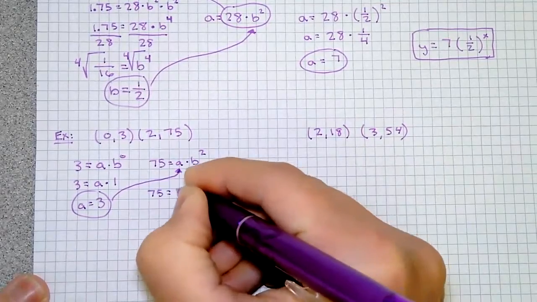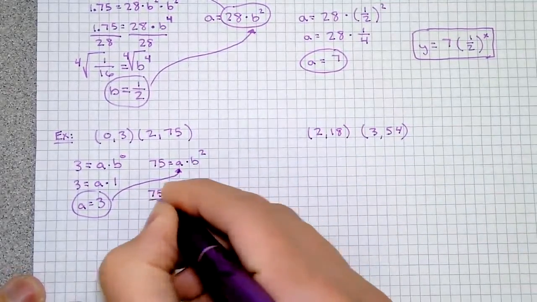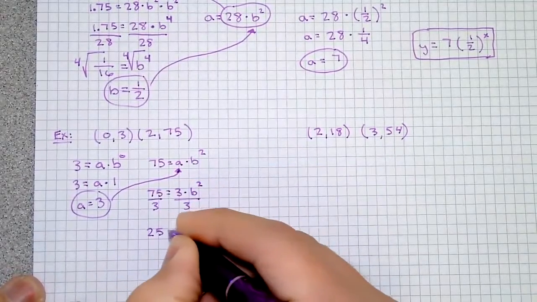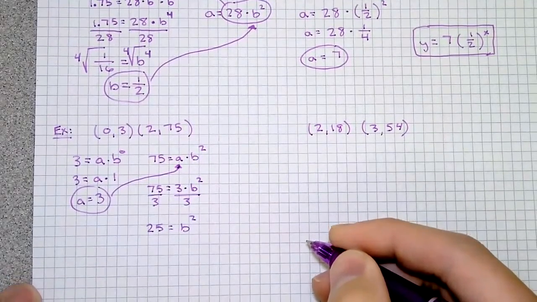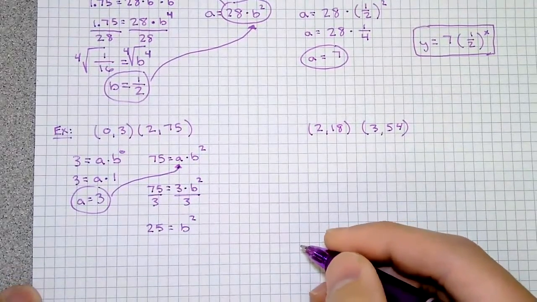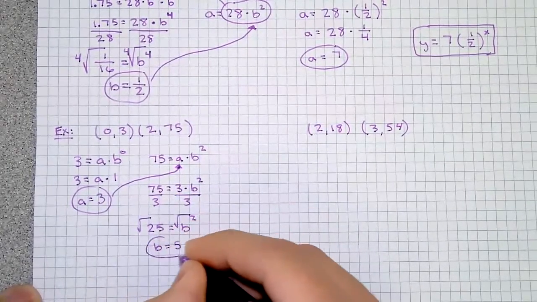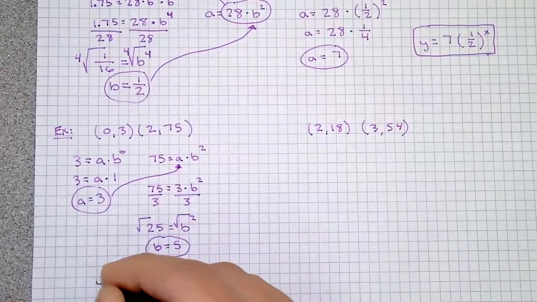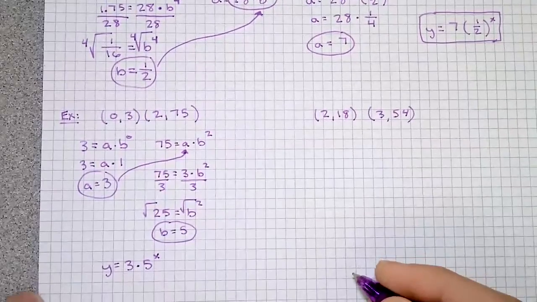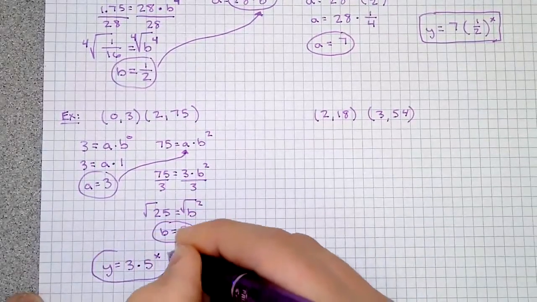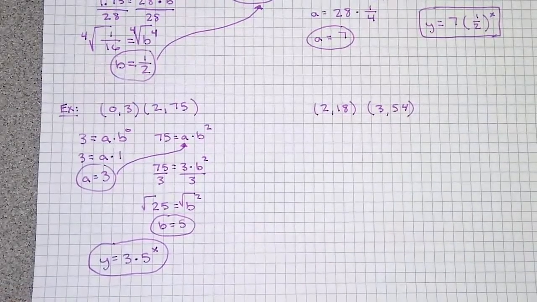So 75 equals 3 times b squared. Divide both sides by 3. 75 divided by 3 is 25. Then we take the square root of both sides. So we get a b value of 5. So our equation is then y equals 3 times 5 to the x.